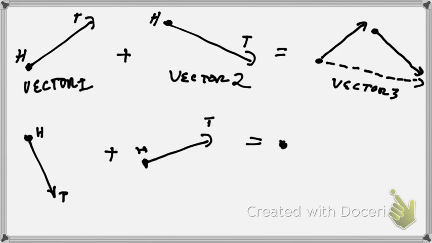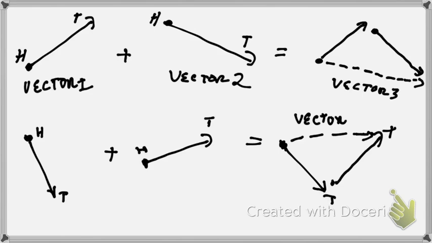So we took vector 1, head to tail, and we summed with vector 2. Head to tail. And this will be our new vector. Alright, so now we kind of understand how adding of vectors is done.